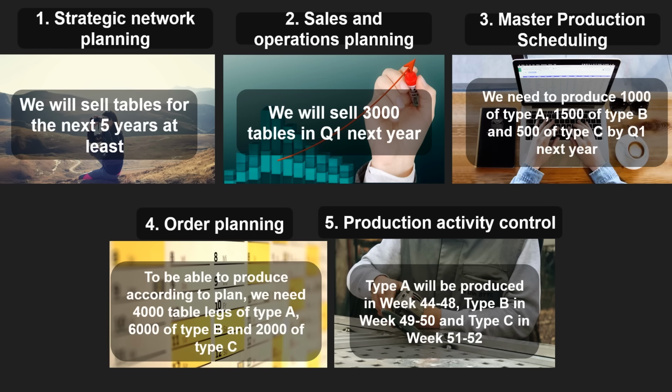We are saying type A will be produced in week 44 to 48, type B in 49 to 50, and type C in week 51 to 52, over Christmas and New Year's. Sorry, guys. So this is a typical example of how a production can be planned ahead using a number of different time perspectives, a number of different levels.